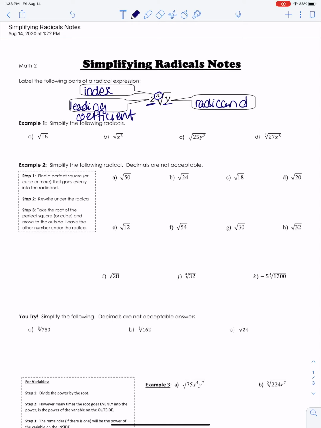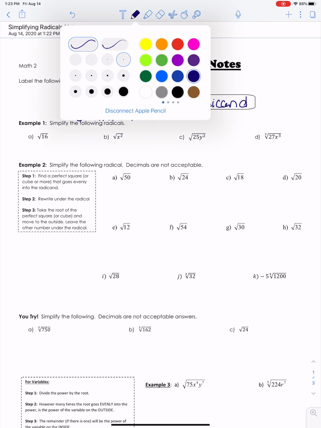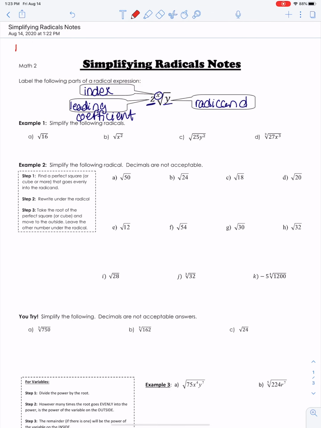So when I'm talking about perfect squares, I'll just do this at the top here. 1 squared is 1, so 1's a perfect square. 2 squared is 4, so we consider 4 a perfect square. 3 squared is going to be 9. 9 is a perfect square. 4 squared is 16. 5 squared is 25. 6 squared is going to be 36. 7 squared, 49. 8 squared is 64. 9 squared is 81. And of course, 10 squared is 100.